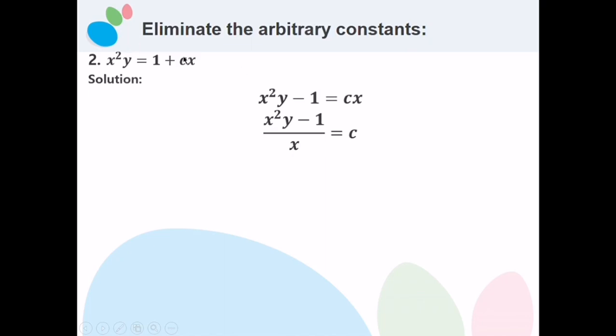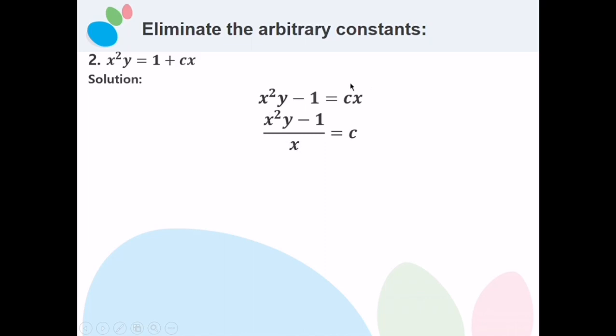I think it's up to you how you are going to simplify this, but for me, just separate the arbitrary constant so that you can differentiate the other variables freely. So again, we are differentiating this equation in terms of x.